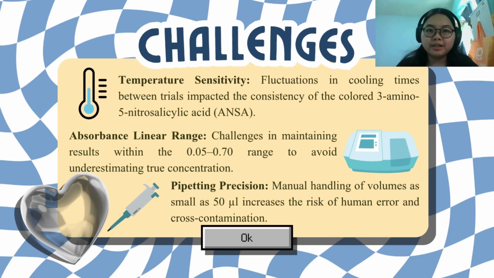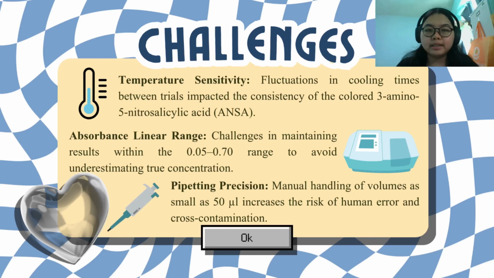One of the primary challenges encountered during this experiment was managing the extreme temperature sensitivity of the DNS reaction. Because the final absorbance is highly dependent on the temperature and the time of measurement, any minor differences in how long each trial was allowed to cool before being read at 575 nanometers likely caused the discrepancy we saw in our data.